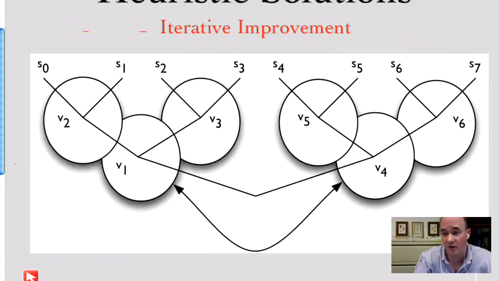Sankoff and others also point out an iterative improvement, which is often used in implementations. Previously we were talking about direct optimization, for instance, which is an n squared procedure using only the descendant information. But then one can go back after the trees have been initialized and do n cubed sorts of optimizations at each node where you look at the 3 adjacent nodes. For instance, for V2, you look at S0, S1, and V1.